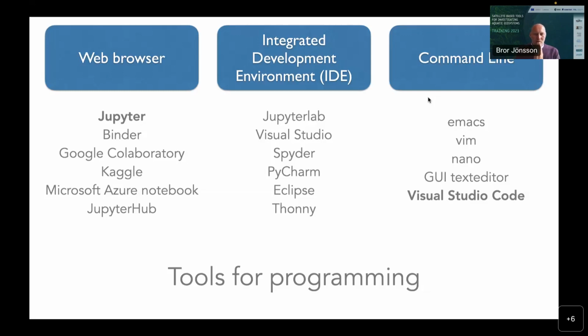But what has developed after that are people that are providing compute resources that you can access directly. One is called Binder. Google has something called Colaboratory. Kaggle has their own notebooks, and Microsoft Azure has notebooks. And there's something called JupyterHub, which is kind of a spin-off from Jupyter that also provides limited services.